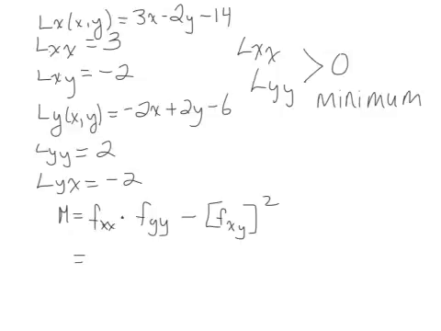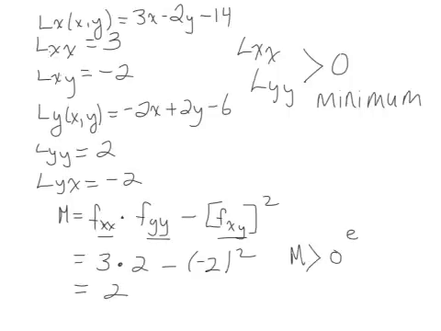So here we have the second derivative xx, so that's 3 times second derivative yy, which is 2, minus Lxy squared, so that's -2 squared, and that gives us a value of 2. And so when m is greater than 0, we have an extrema of some sort, a max or a min, but we've shown that it's a minimum.